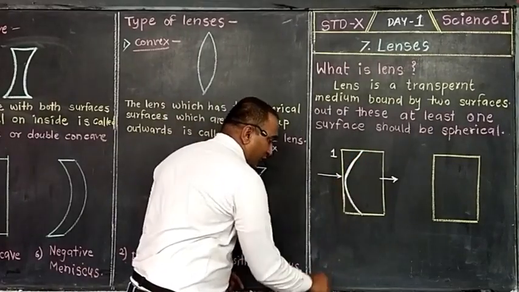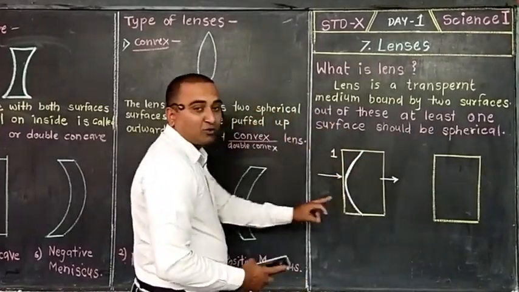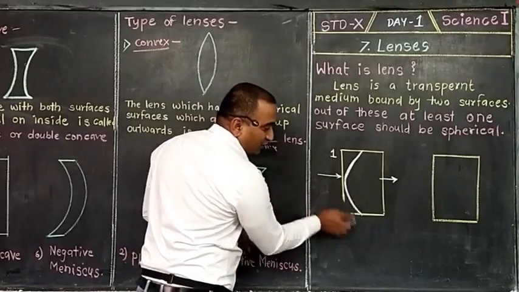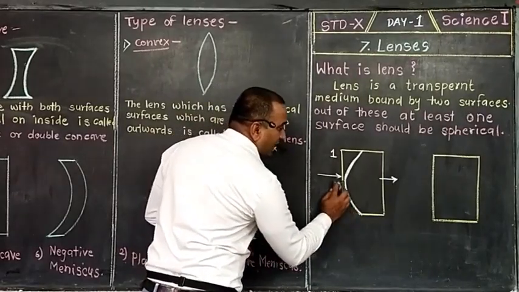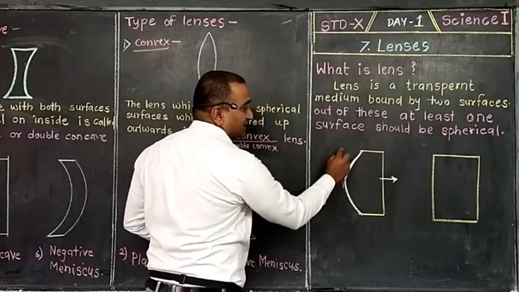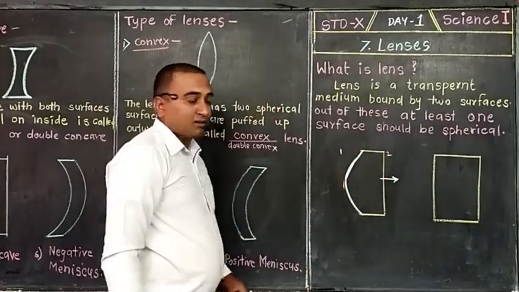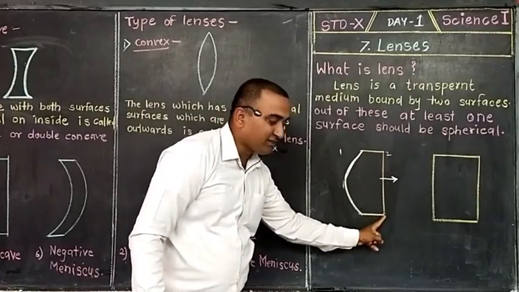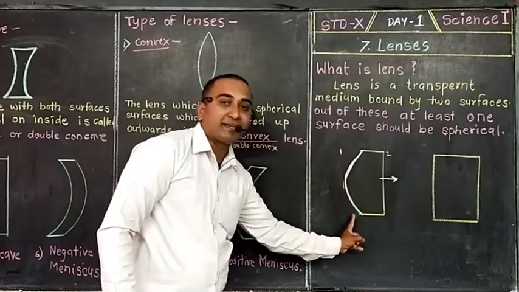Then what to do? This part you have to rub, that means remove. After removing this part, see, now this is the first surface, this is the second surface. The second surface is a plane one, but this surface is spherical.